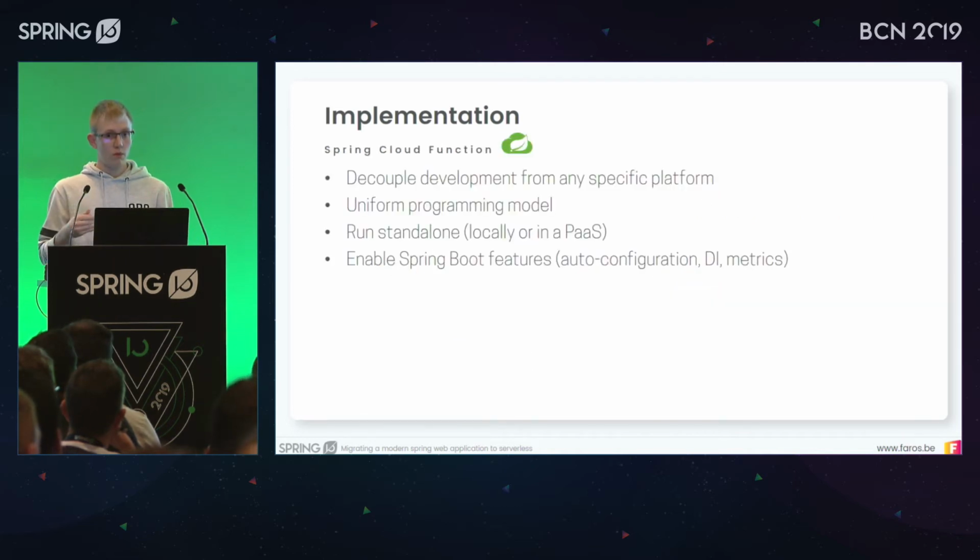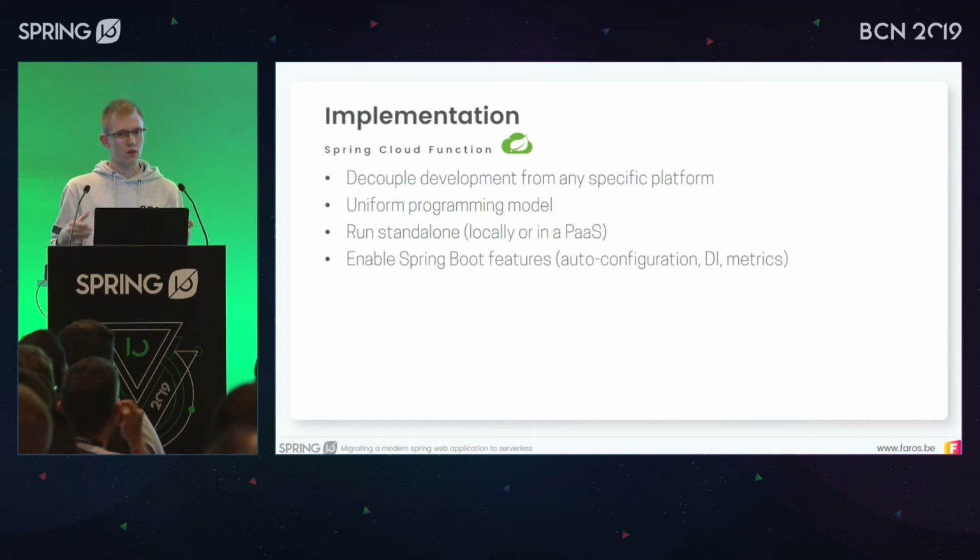So to implement our Lambdas, at least the Java ones, we used Spring Cloud Function. Spring Cloud Function was chosen because it allows us to basically decouple from any specific platform. Whether it's AWS or Azure, or OpenWhisk which is also supported, we could write our code independent of any platform.